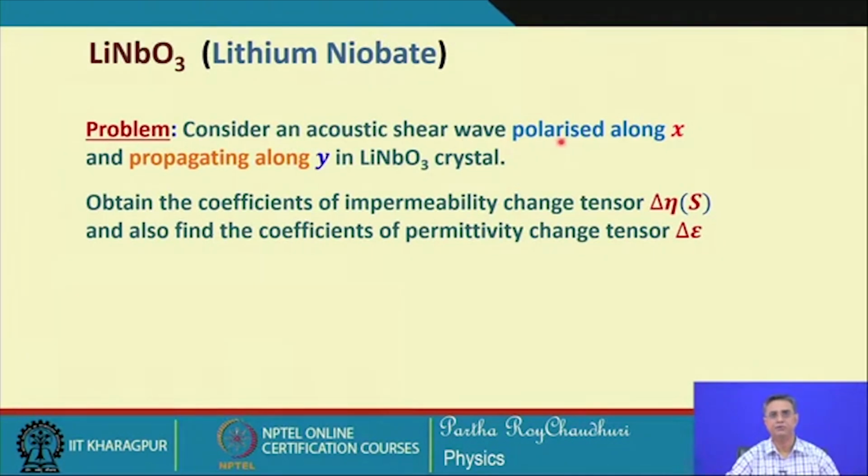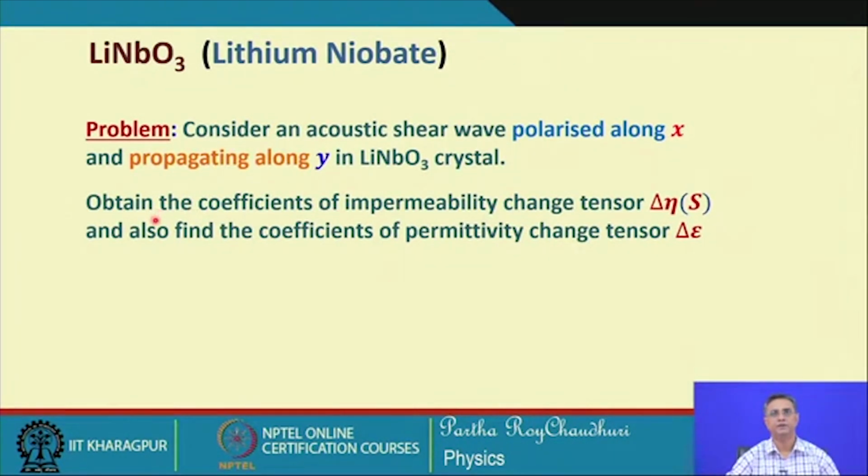Now, it appears in the form of a problem. Let us consider a slightly different configuration. Consider an acoustic shear wave that is polarized along x and propagating along y in the lithium niobate crystal.